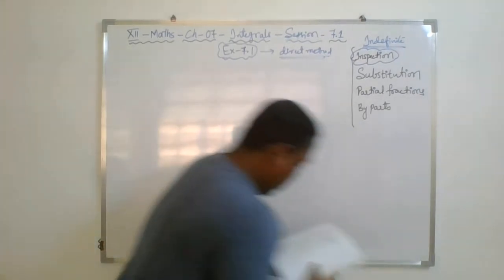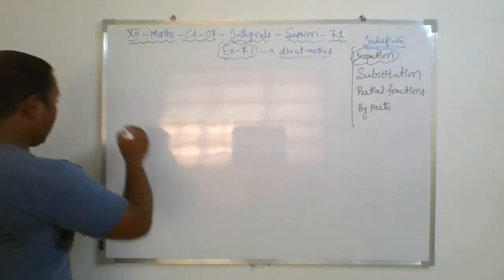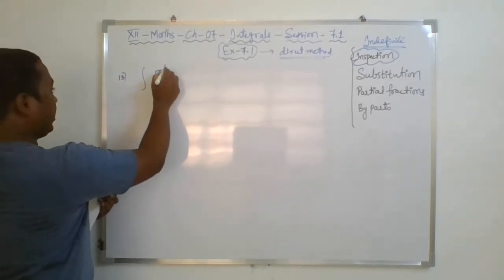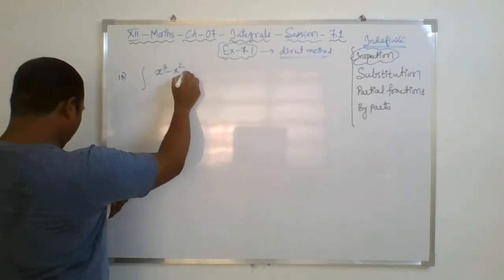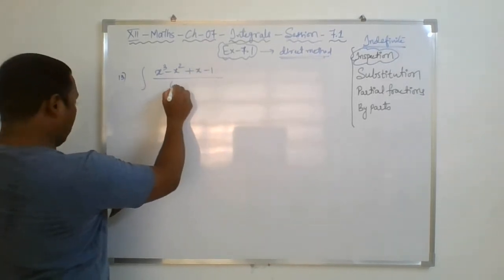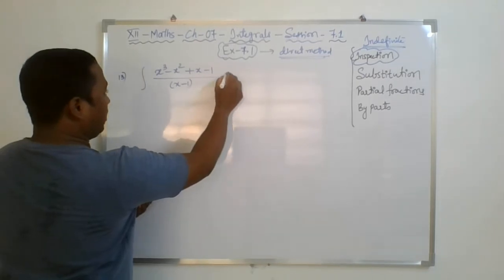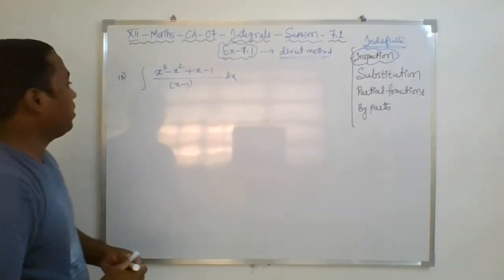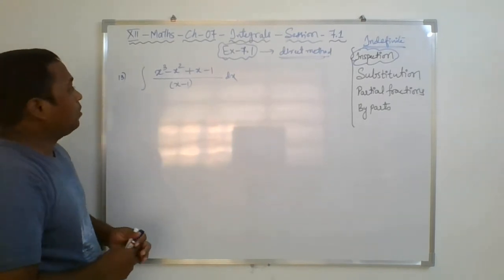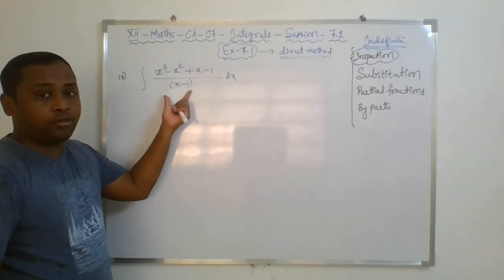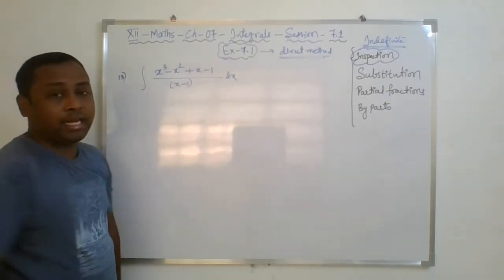Question number 13 I am taking here. Integral of x cube minus x square plus x minus 1 by x minus 1 into dx. Now you can see again it's algebra. If it is a binomial denominator, you cannot separate like this directly.